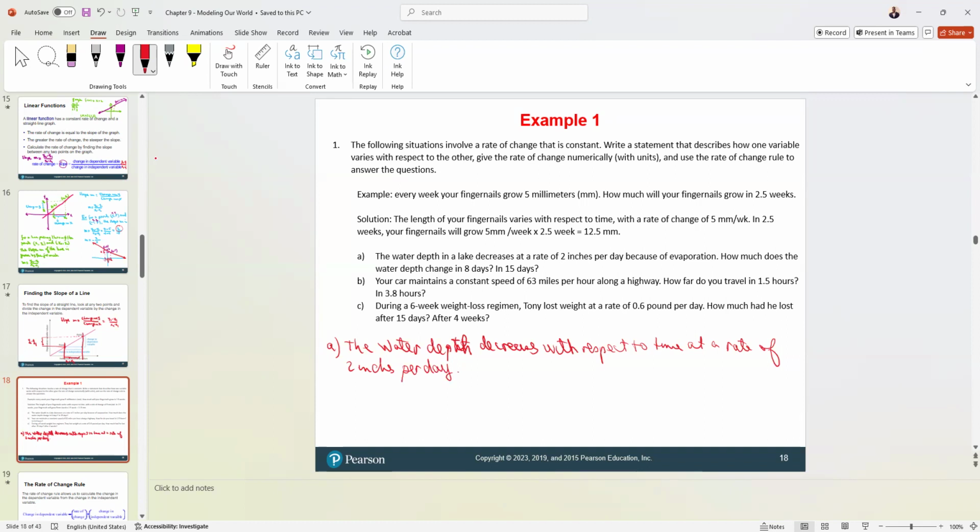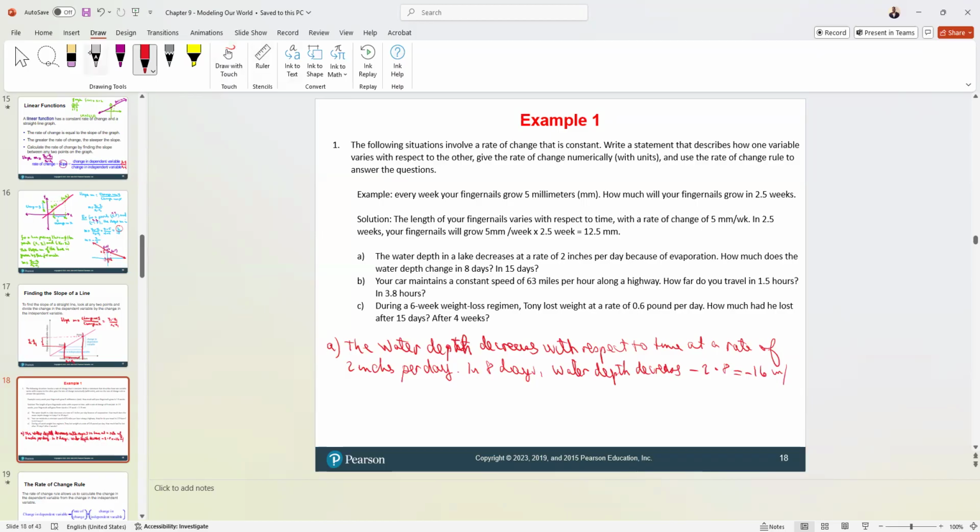In 8 days, I'm going to do only 8 days. You can see in 8 days the water depth decreased by negative 2 times 8, which is negative 16 inches.